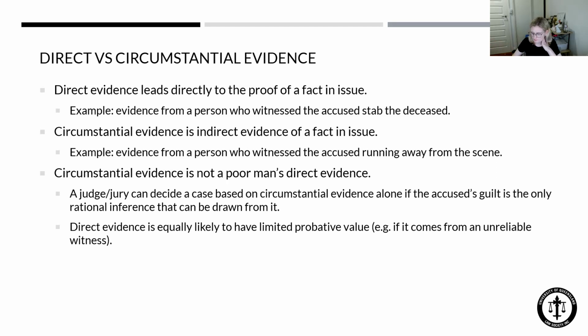Direct evidence is evidence, even from a person, that directly proves a fact in issue. So, for example, it's evidence from a person who saw the accused stab the deceased. Circumstantial evidence is indirect evidence of a fact in issue. So if a person saw somebody running from the scene of a crime, that's circumstantial.